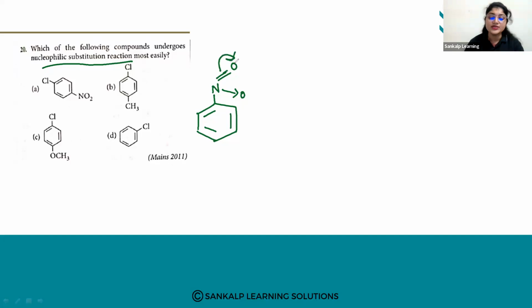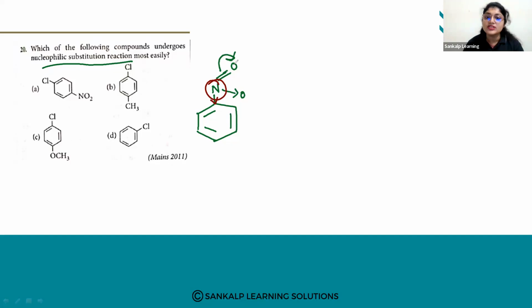And this nitrogen will become electron deficient. Thus, it will tend to pull the electron density from the benzene ring.